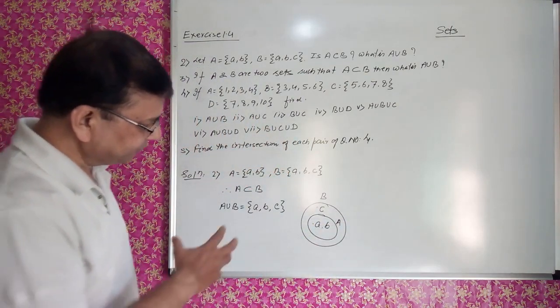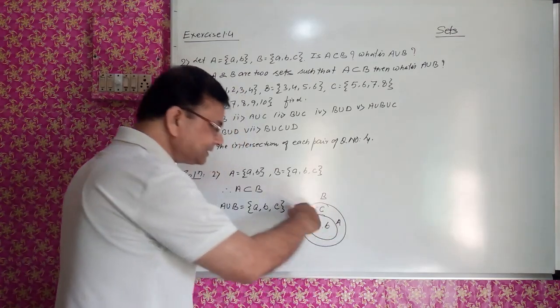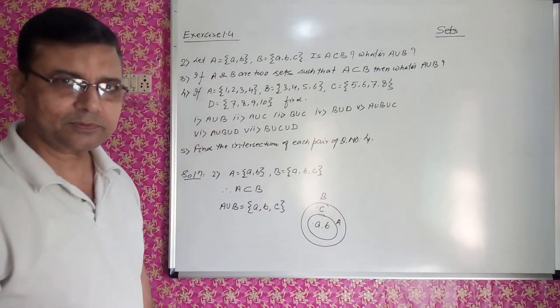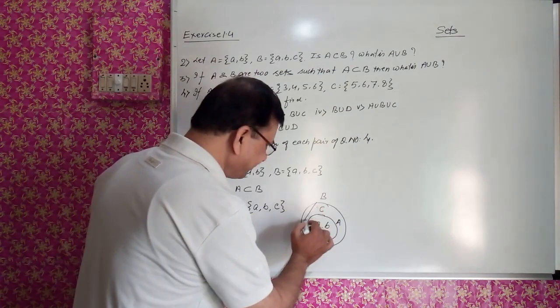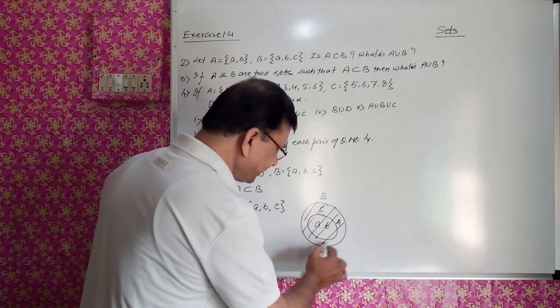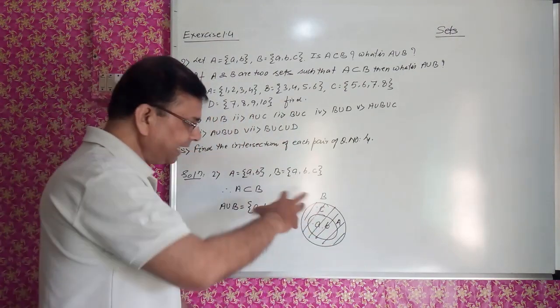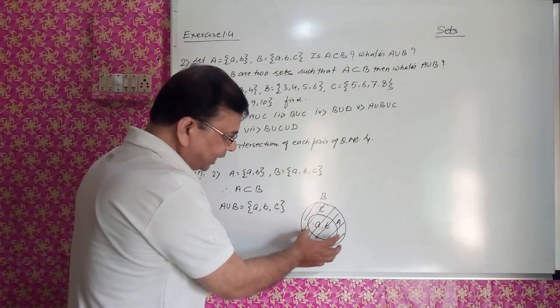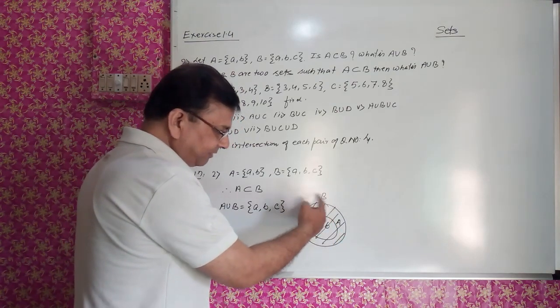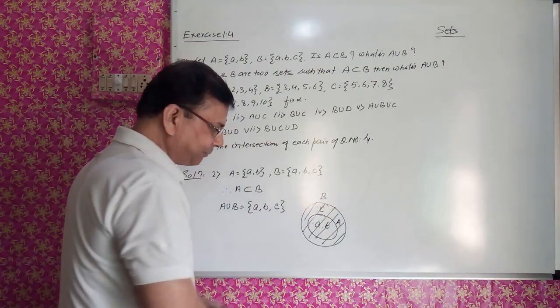So what do we observe? The set A is completely inside the set B. The union, if you are making, will be completely this, A union B. Union means all the elements that are either in A or in B. But you see the c is outside this A. But when we are making the union, all the elements will have to be taken.